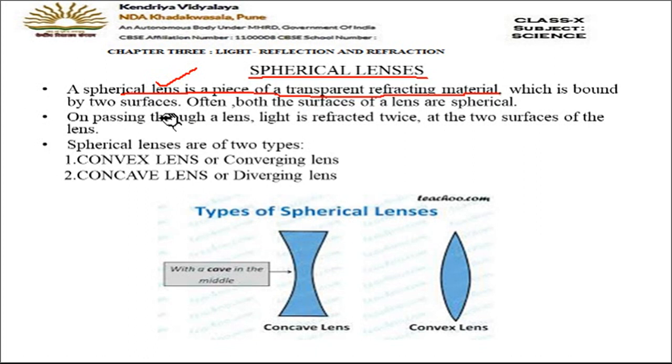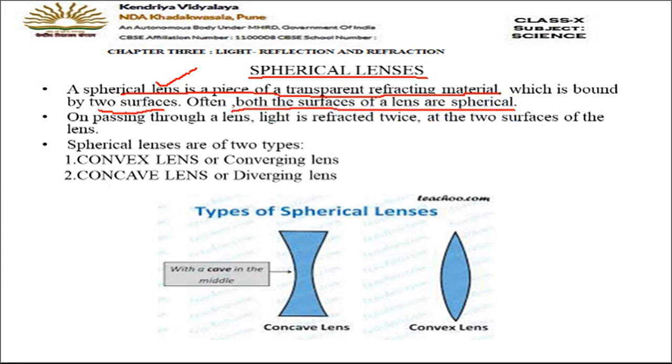Then the second most important difference between a lens and a mirror is that a mirror has only one reflecting surface, whereas a lens has two refracting surfaces. Often both the surfaces of the lens are spherical.